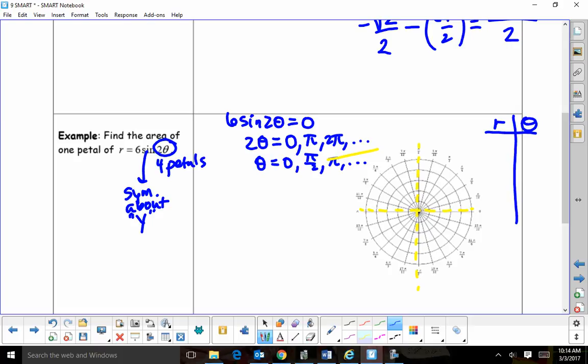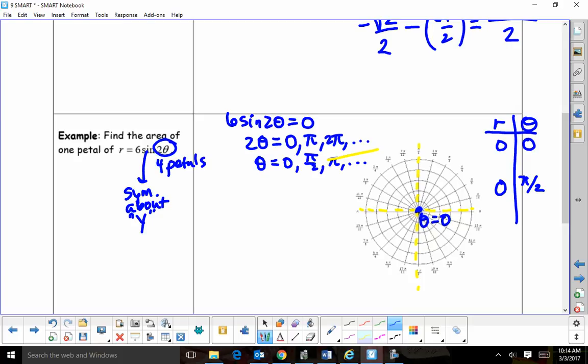We're just going to make it as much as needed here, because we're always under the time constraint. So let's go ahead and plug in my 0. And what do I get out? 0. We knew that. That's a tangent at the pole. So there's where theta equals 0. And then, oh my gosh, if I jump to pi over 2, I'm already back at 0 again. So I definitely need to find something in between there.